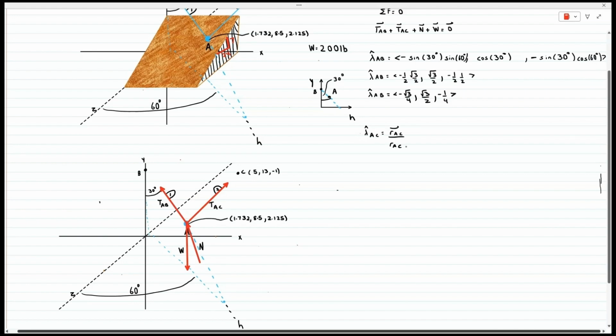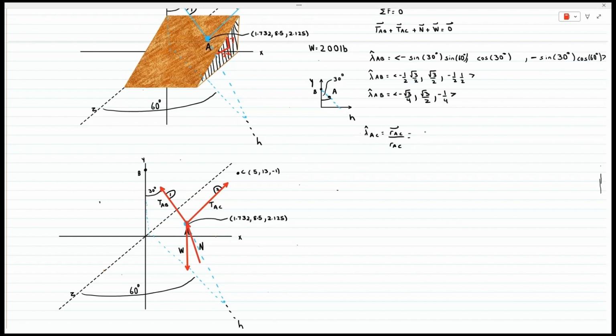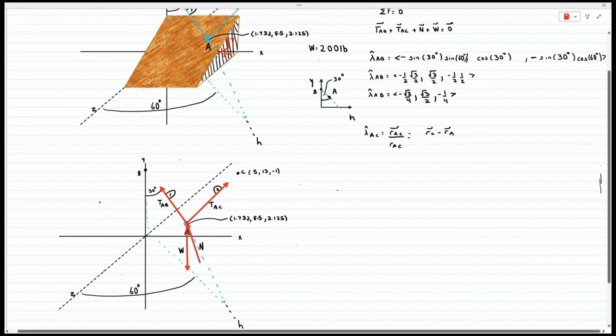Let's go ahead and move on to lambda hat AC, which can be found by taking the full position vector and dividing off by its length. What is the position vector AC? If we think about what kind of sum would give us AC, we know that RA plus RAC is going to be equal to RC.